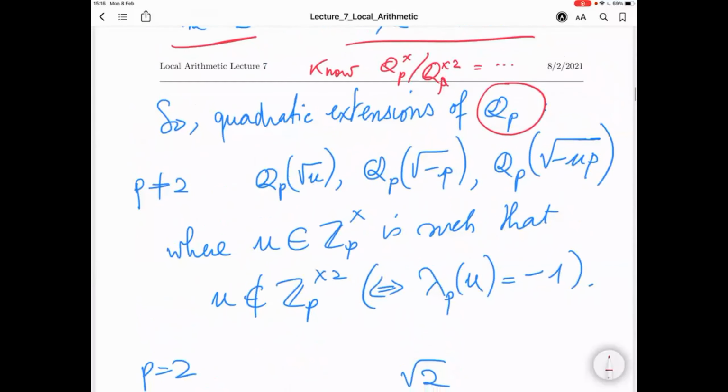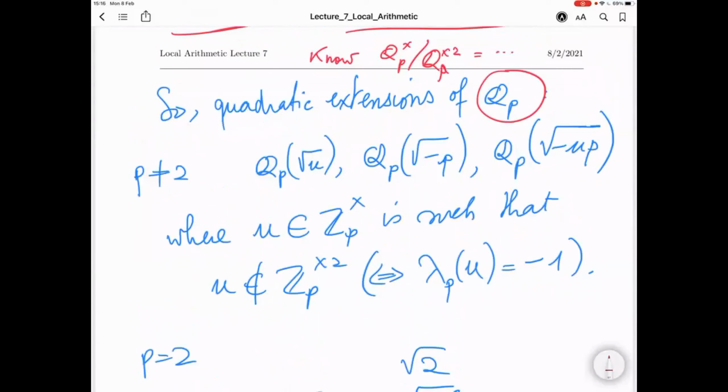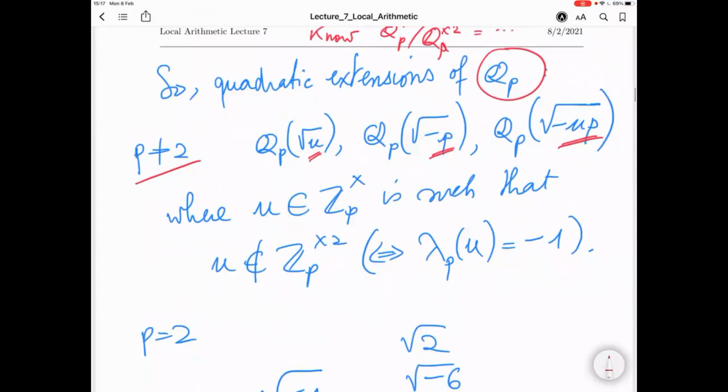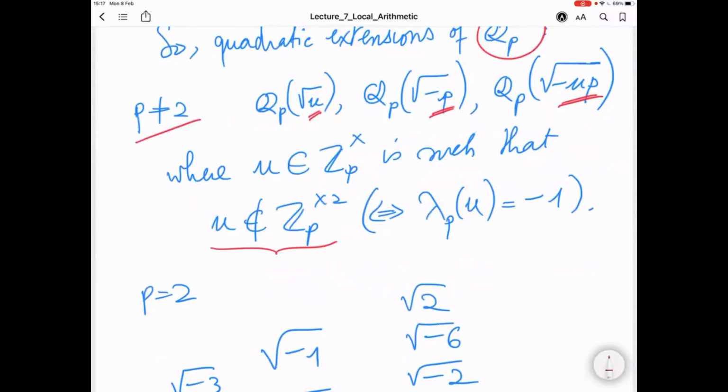So what is it? The non-trivial elements are root u, minus p and minus up when p is odd, where u is any unit which is not a square. This is the same as saying that lambda p of that unit is minus 1.